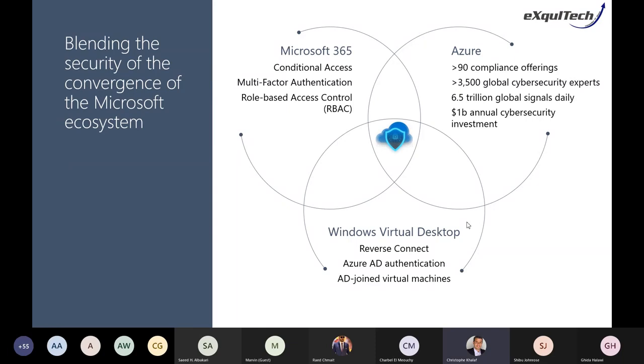Performance-wise, the performance is very high. You will see a very big difference between the legacy RDP that you used to have, or Citrix, or whatever you used to use, versus WVD. You will see how fast it is, especially if you are located in a country where the Microsoft data center is resilient, for example in UAE or whatever region.